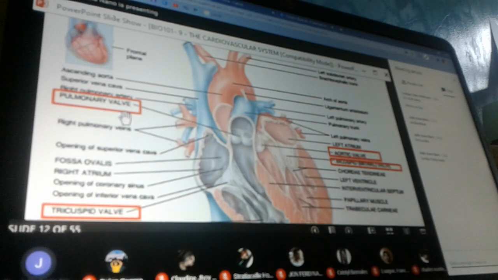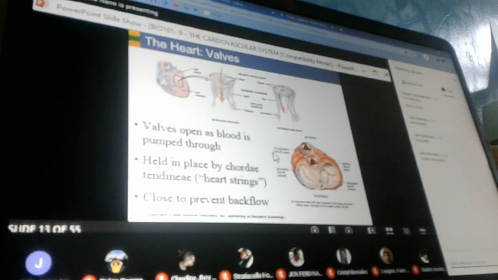So, when we say pulmonary valve class, ito yung opening between our right ventricle as well as our pulmonary arteries, okay? So, ito siya yung papunta ng ating lungs, okay? Whereas si aortic valve naman nating class, ito yung papunta sa different parts of our body, okay? So, yun siya, aortic valve.